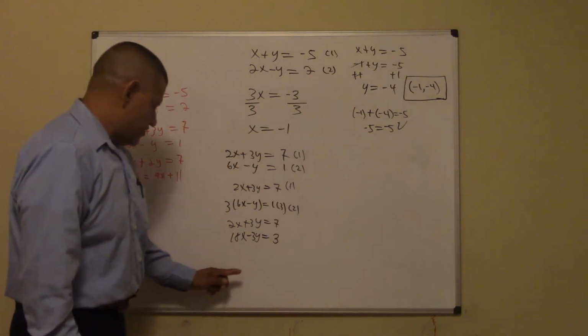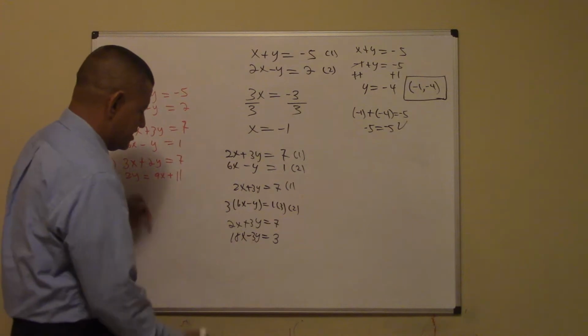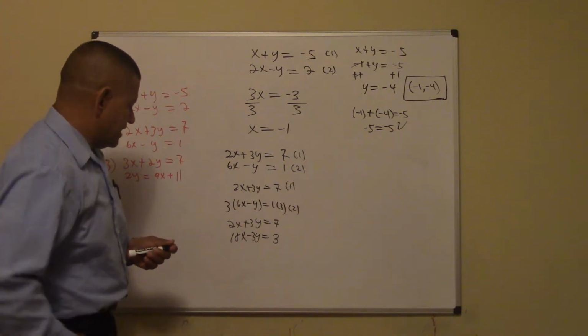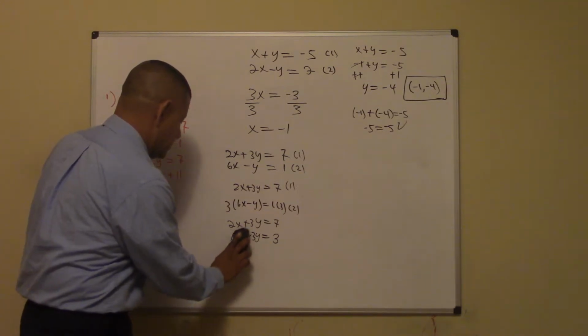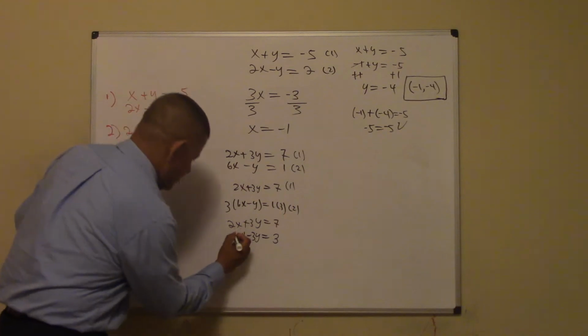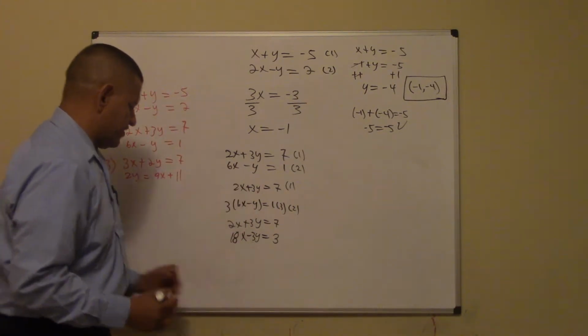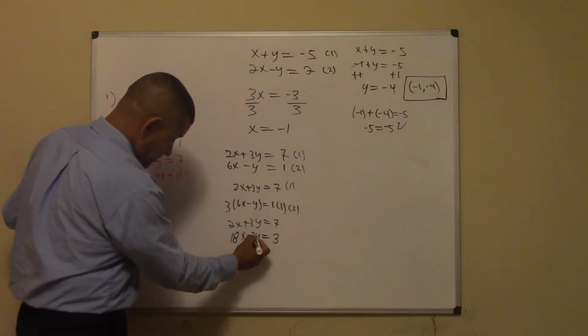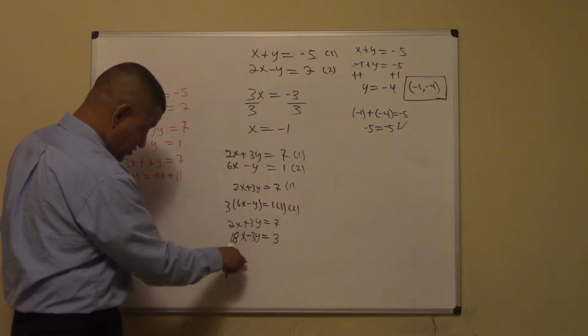Okay, so now notice that I have the same coefficient, and now I can get rid of that y in the middle terms here, right? That y I can get rid of. So if I add those y's, it's equal to 0.